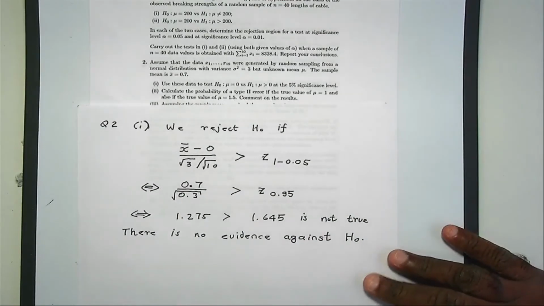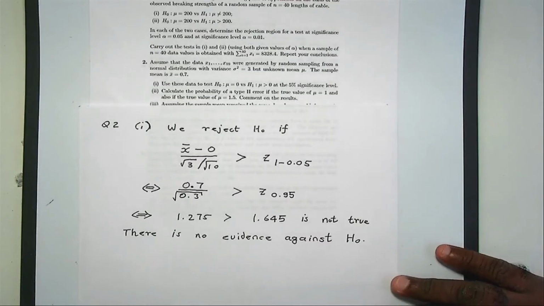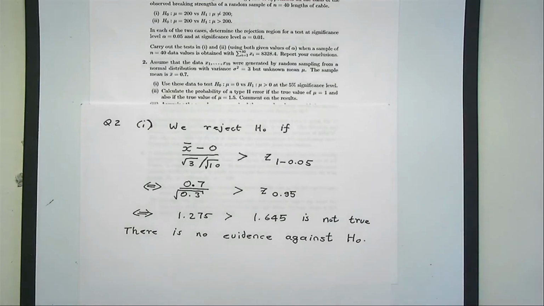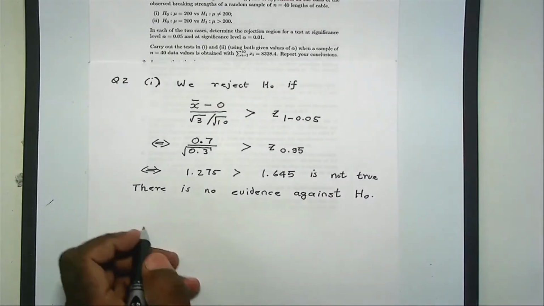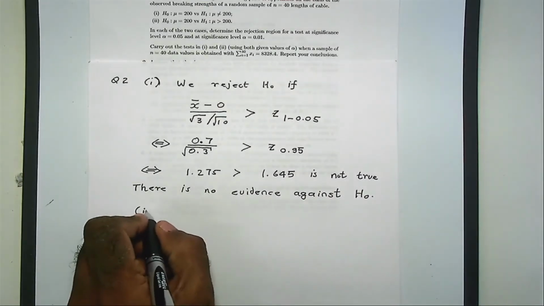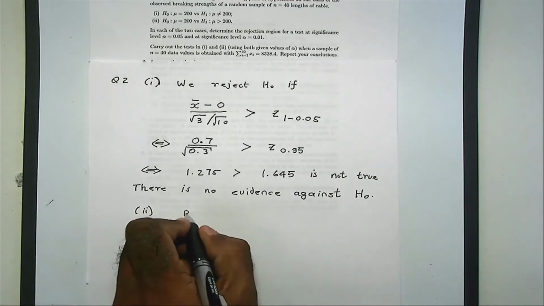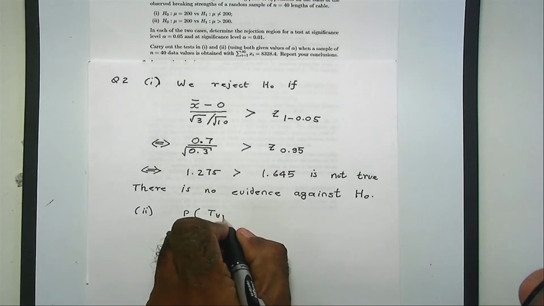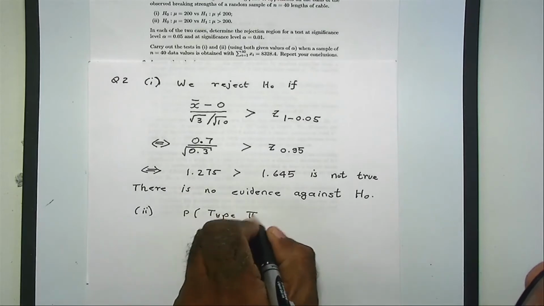Part 2 is to calculate the type 2 error if the true value of mu is 1, also if the true value of mu is 1.5. Right. So we want to compute the probability of type 2 error.